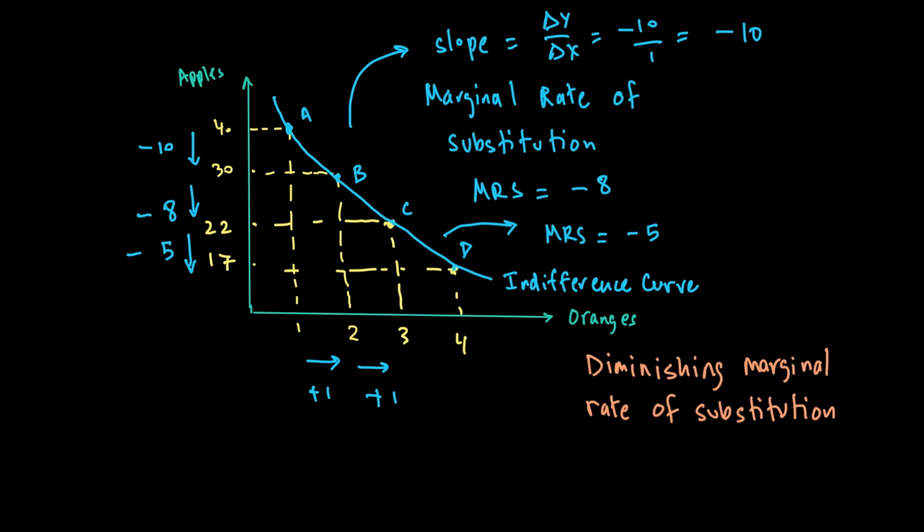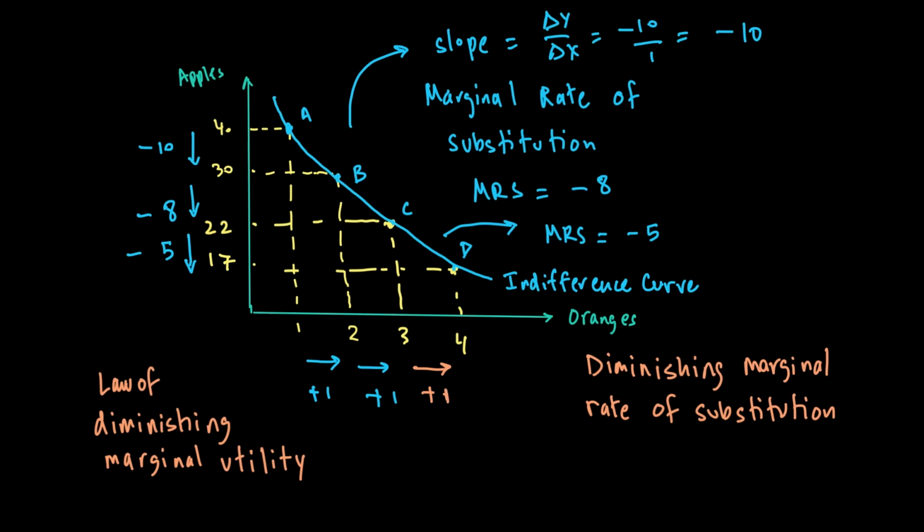This diminishing marginal rate of substitution is simply based on our principle of diminishing marginal utility that we did earlier. As I am getting more and more of oranges, I can clearly say that the utility of each additional orange will be going down, and therefore each additional orange in terms of apples will have a lower value.